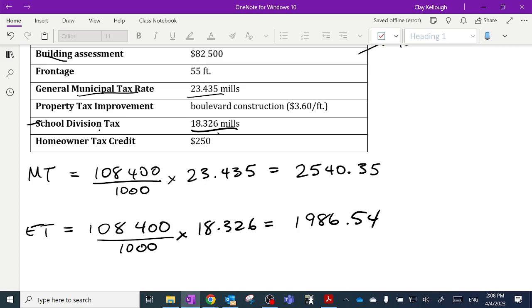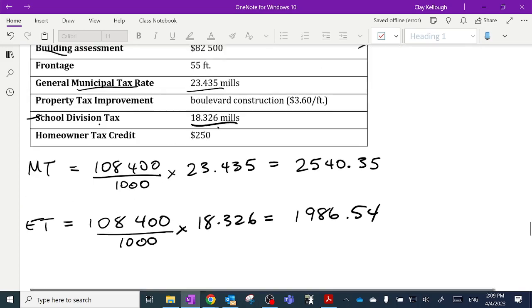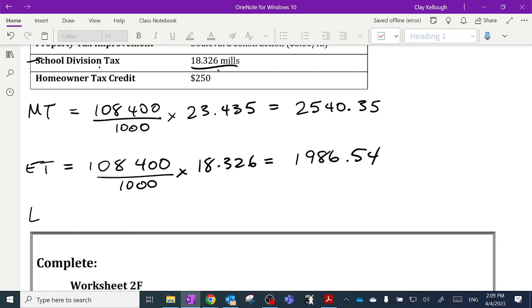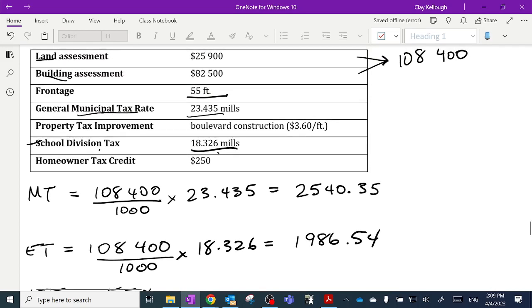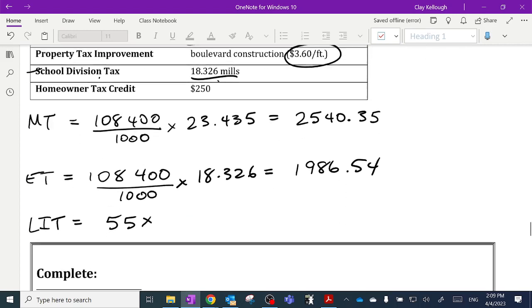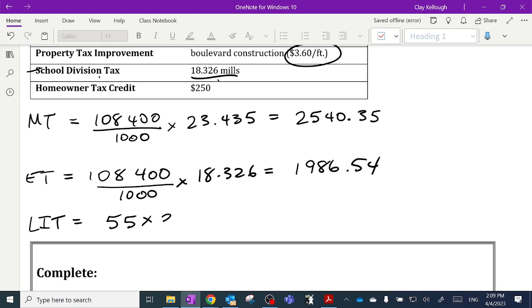Yep, okay. And then our frontage is 55 feet. So this is our local improvement tax. 55 feet, and okay, what are we paying for our local improvement tax? Well, this one's just one. We're filling in the boulevard, so the crazy guy in Transcona doesn't drive his car into it anymore. $3.60, and that is 198 bucks.